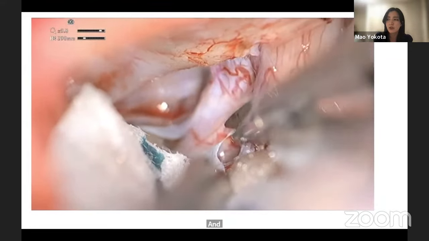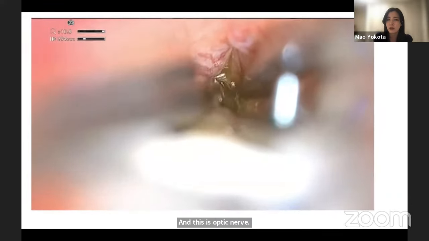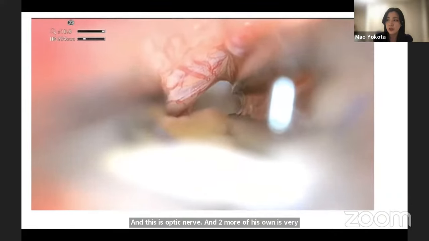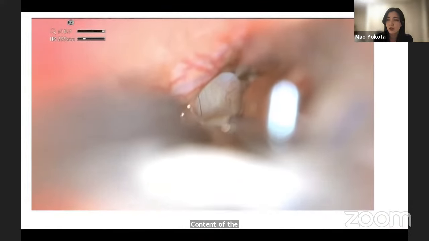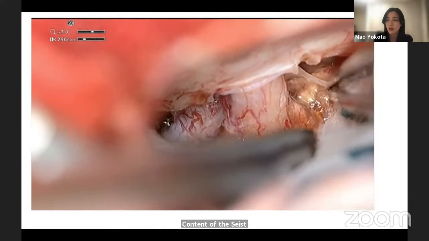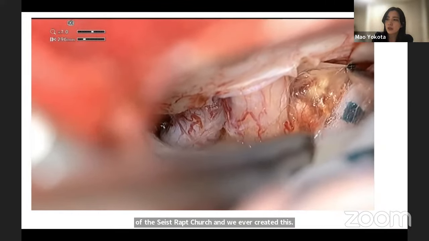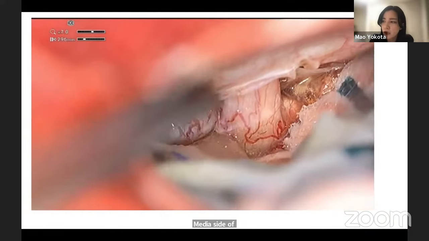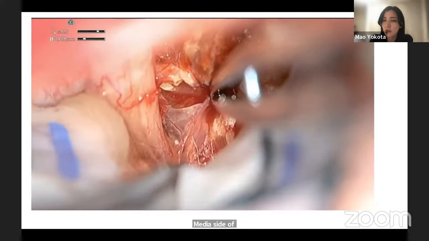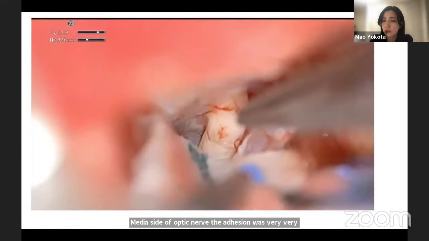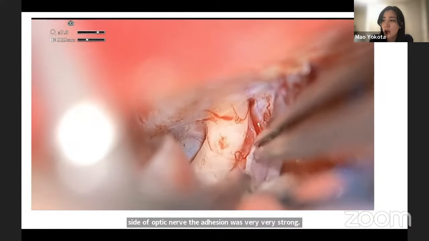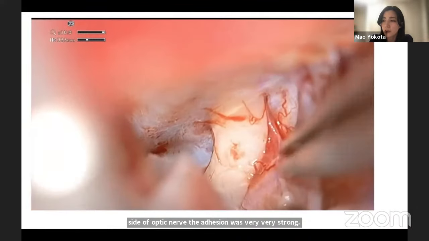And tumor adhesion is very strong. The content of the cyst ruptured, and we evacuated this. On the medial side of the optic nerve, the adhesion was very, very strong. And this is the oculomotor nerve.